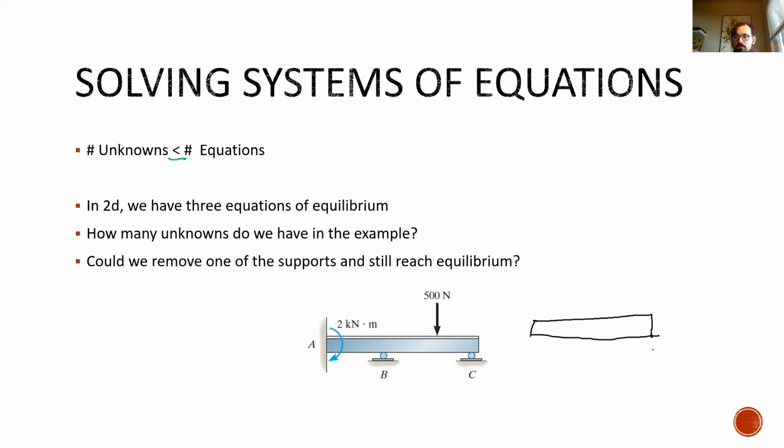So here we have a roller at C. You've got a roller here at B. Here we have a moment connection at A. You've got AY. We have AX. We've got an applied force here. And we've got a couple moment there. In this case, we have 1, 2, 3, 4, 5 unknowns. We have 5 unknowns. We have 3 equations.